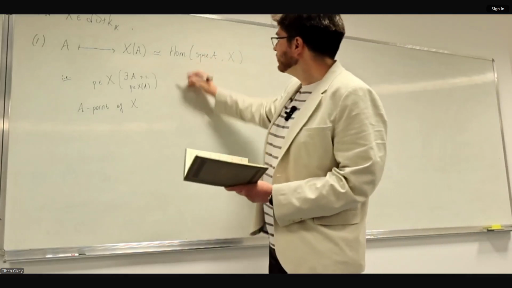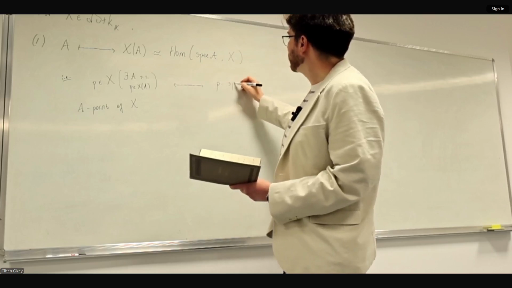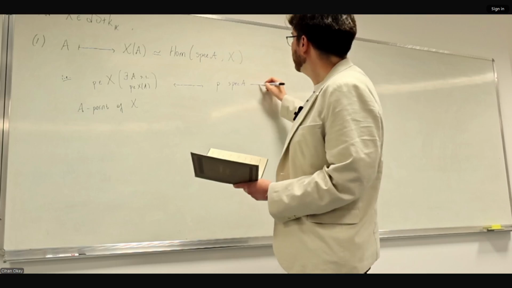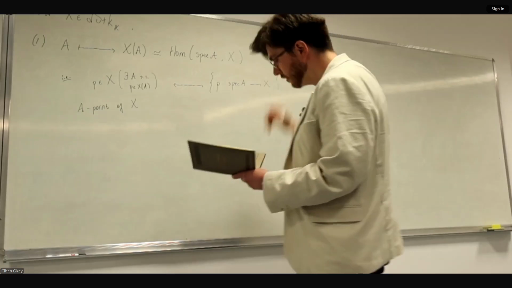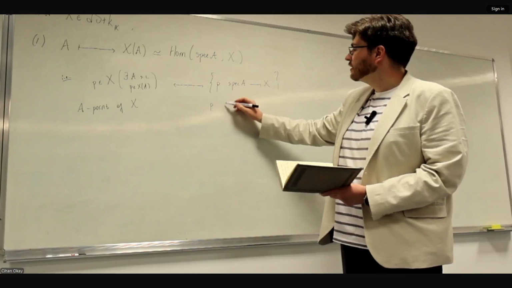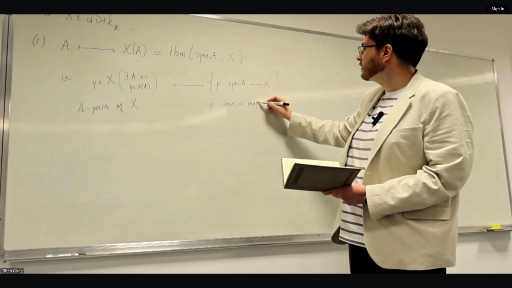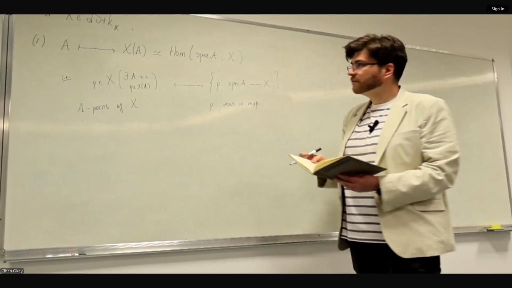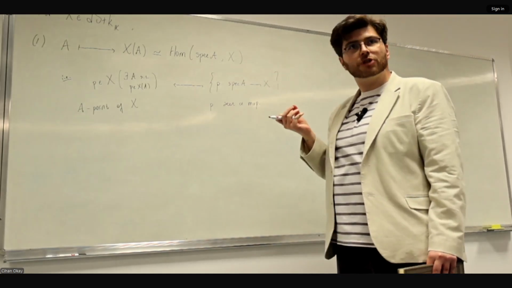But this basically tells you that any point can be seen as a map from Spec A to X. So this is very nice. So actually P can be seen as a map. But this is also valid if you consider manifold theory: any point comes with a chart.